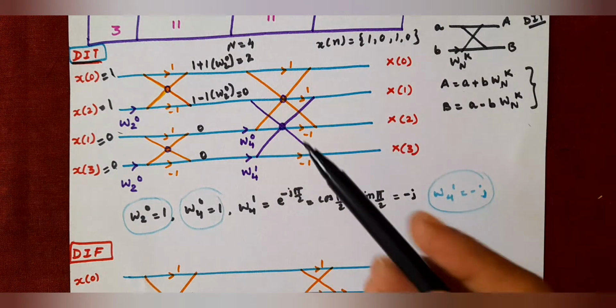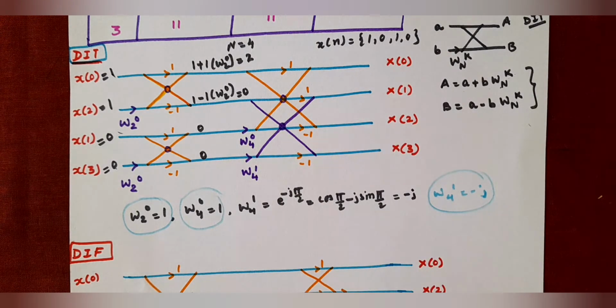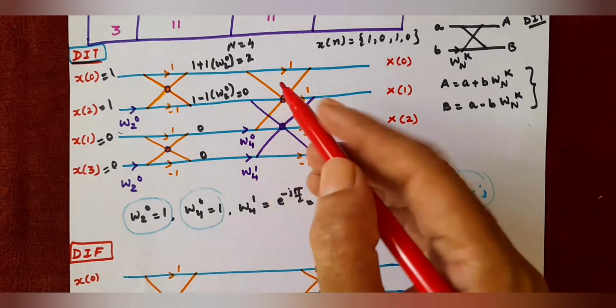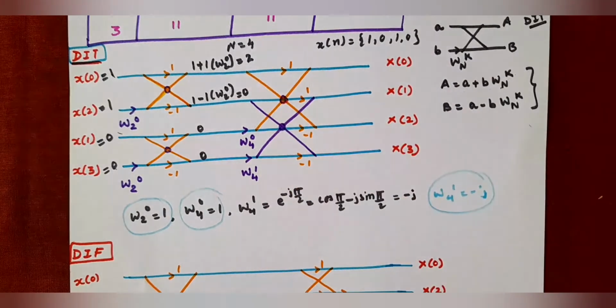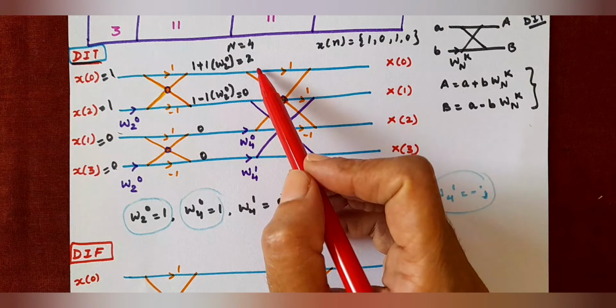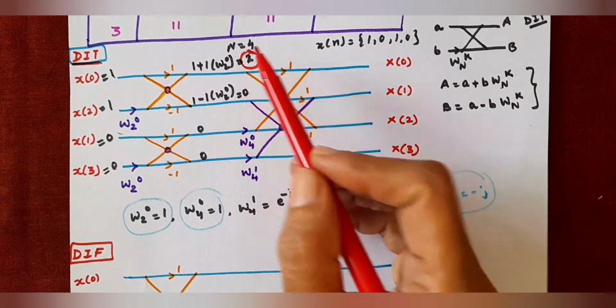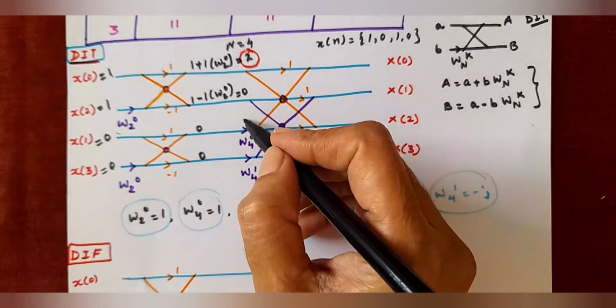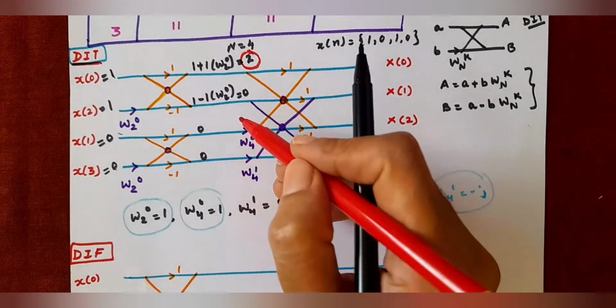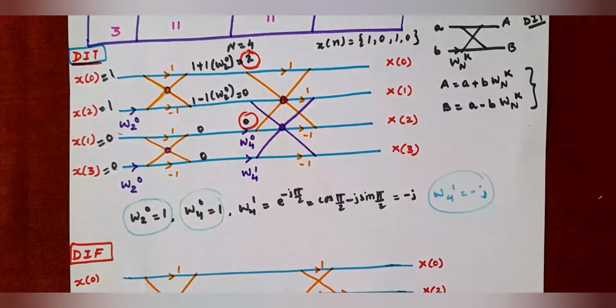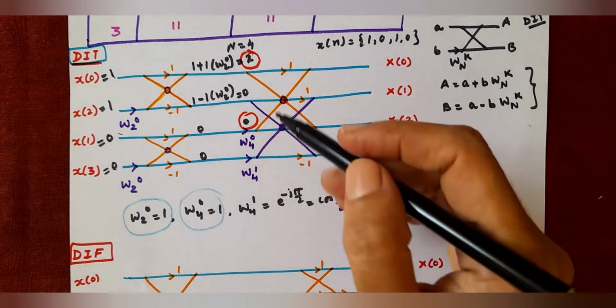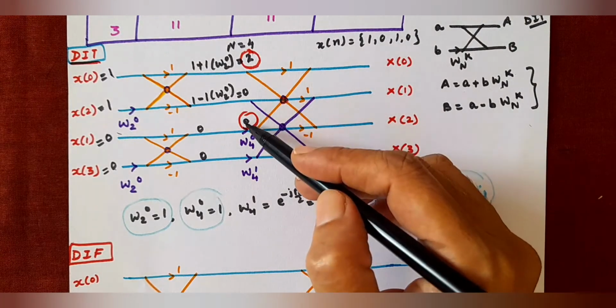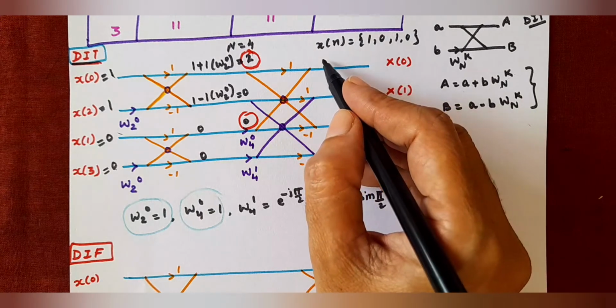Now coming to the second stage, for this orange butterfly, what are the input values? 2 and 0. 2 and 0 are the input values here now for this butterfly. So what will be the output equation here?